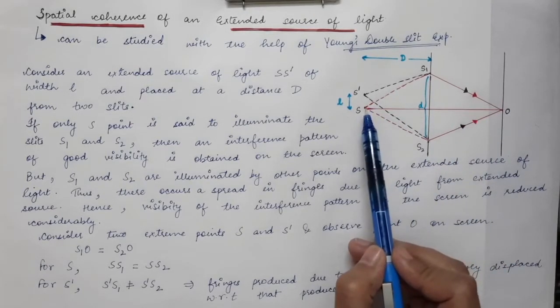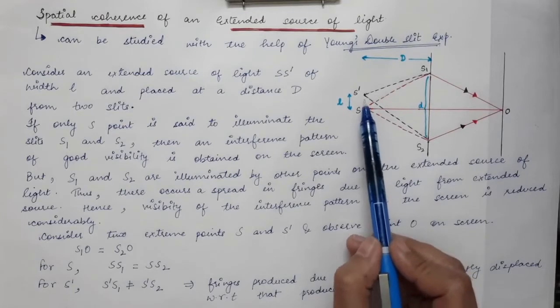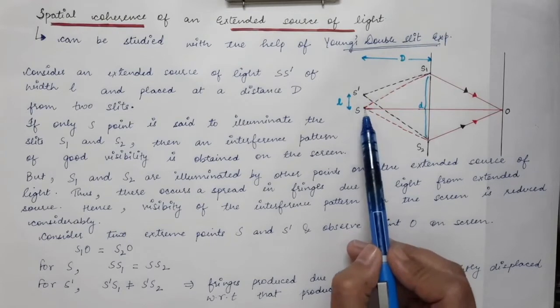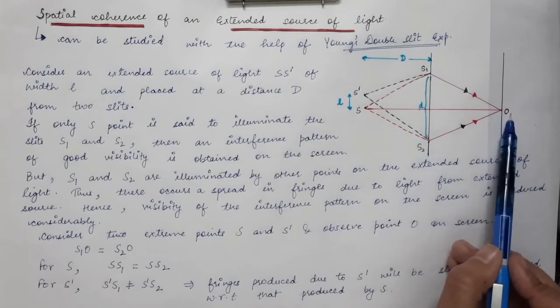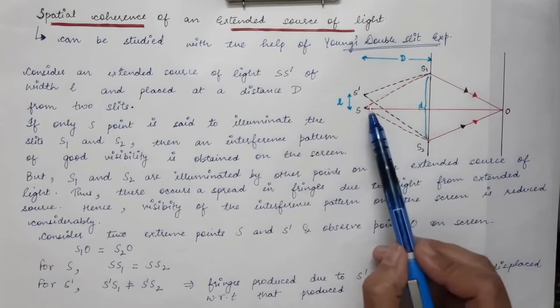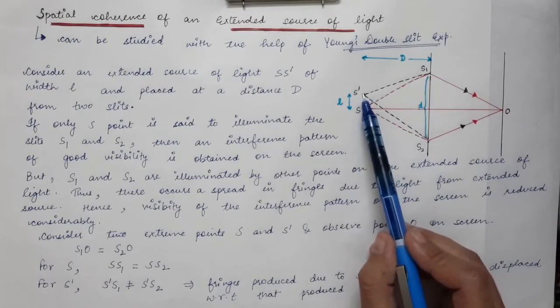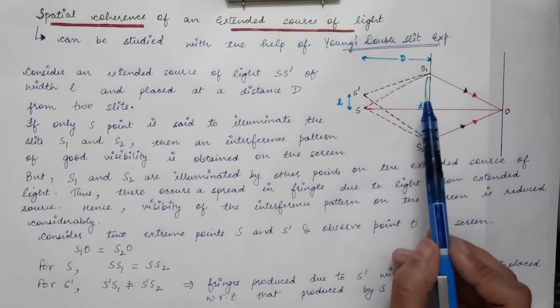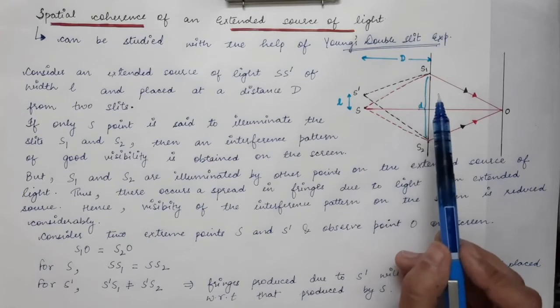And if you start increasing the distance between the two sources S and S prime, so if S prime is exactly kept on the point source S, we will have a bright fringe. But if you start increasing the distance between S and S prime, then the path difference between the light rays coming from S prime point source will start increasing, and at a particular point it will become equal to lambda by 2.